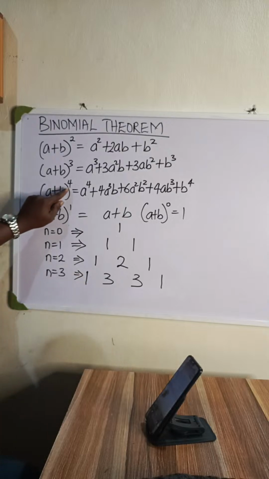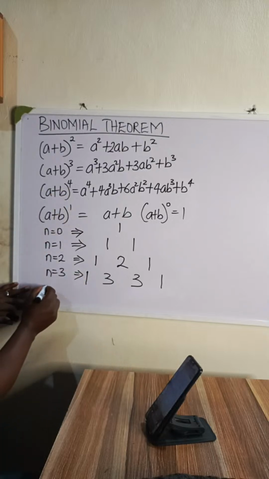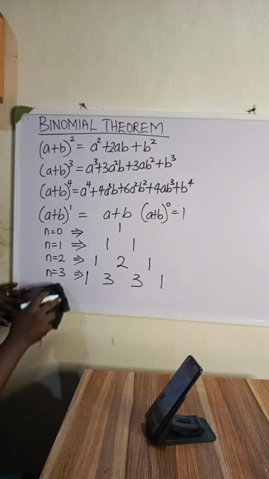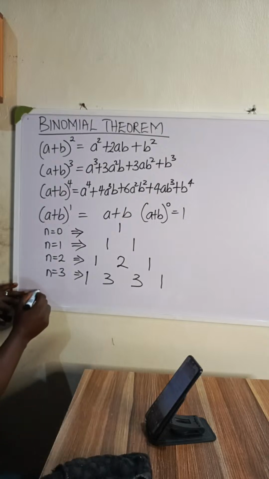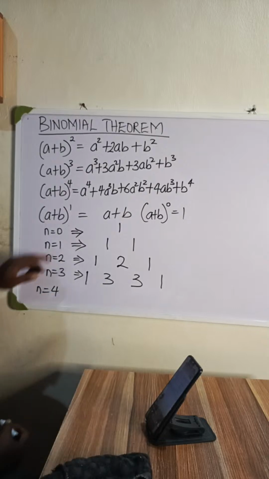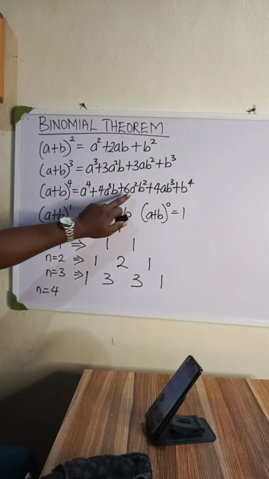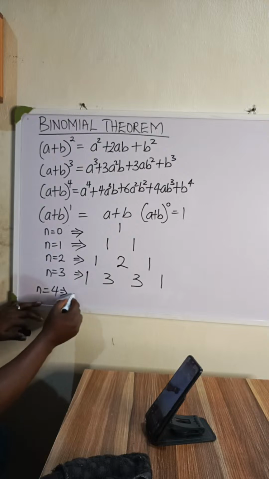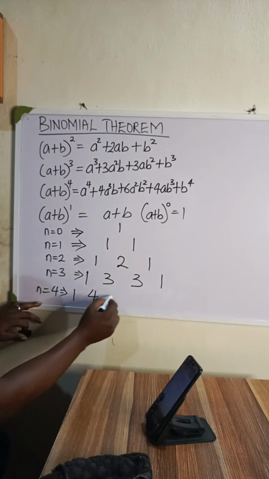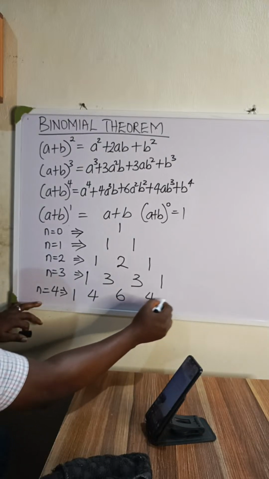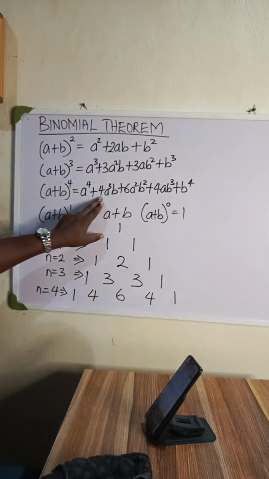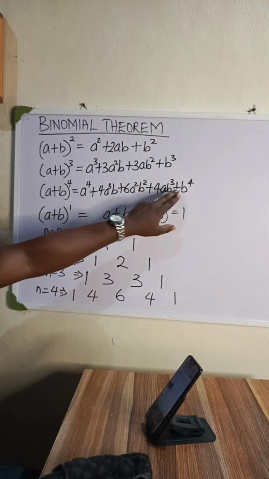Next, when n is equal to 4, we have 1, 4, 6, 4, 1.